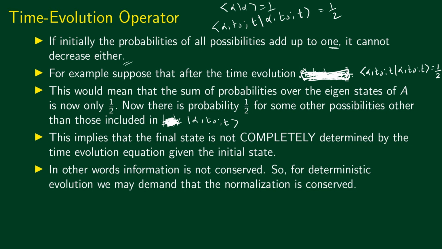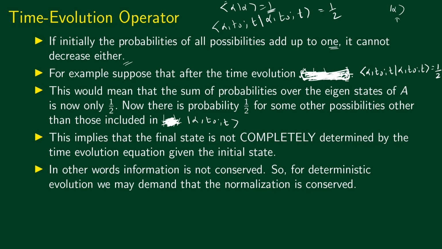Suppose initially the normalization is 1, and at a later time the normalization has dropped to half. What does this mean? This means that when we started with ket α, the probabilities over all possibilities added up to 1. So ket α contains the information regarding all possible measurement outcomes at an initial time. That's why the probabilities add up to 1.